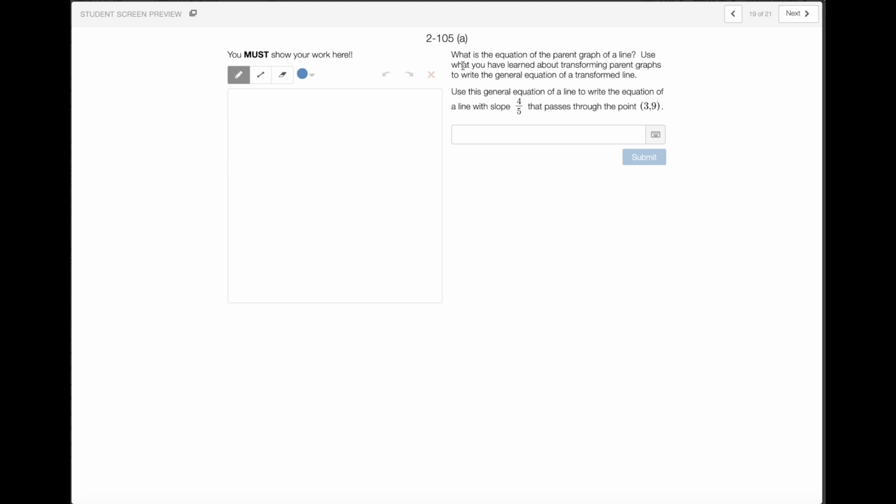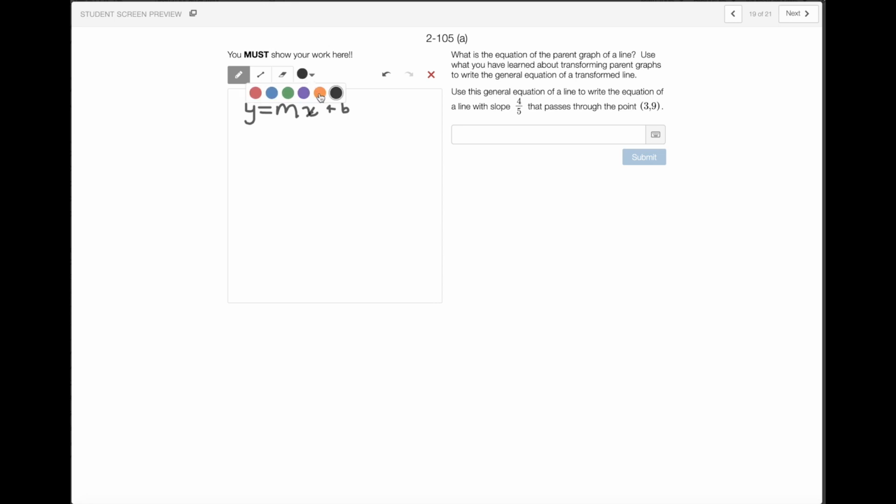And then I want you for this one, write the equation of a parent graph of a line. So click on your pencil, click on this, and you know that the general equation is y = mx + b.